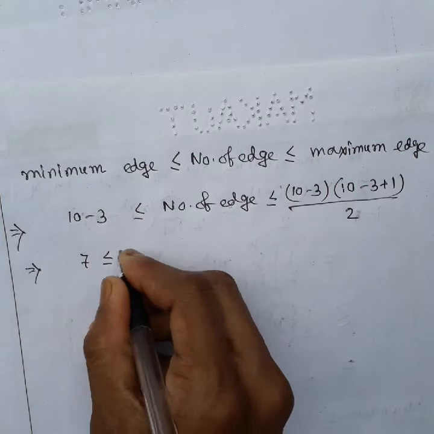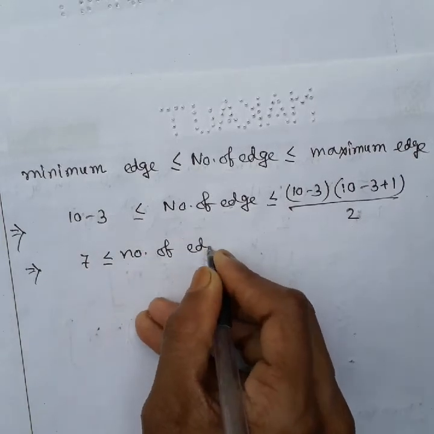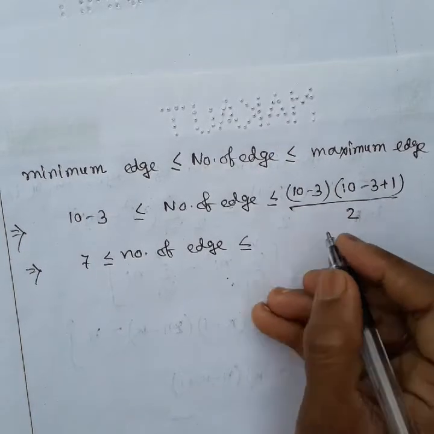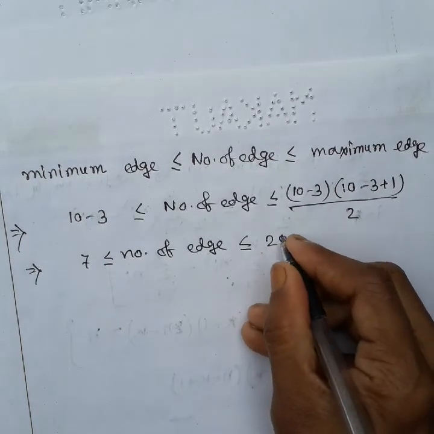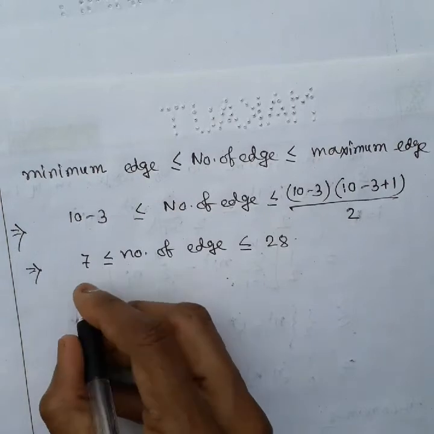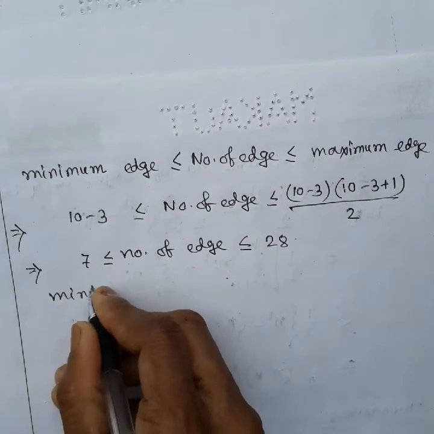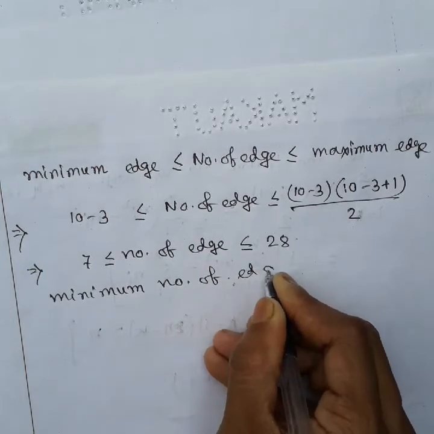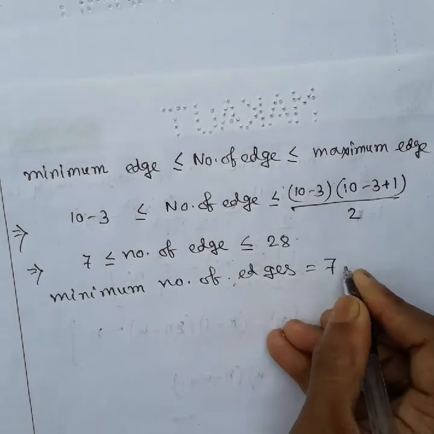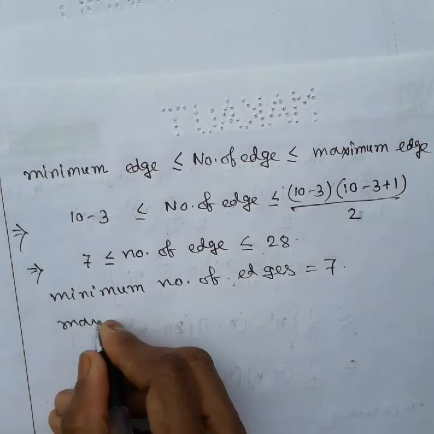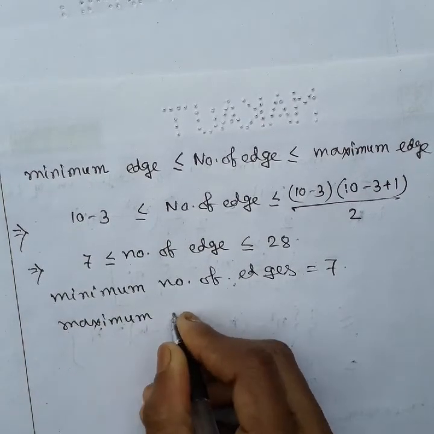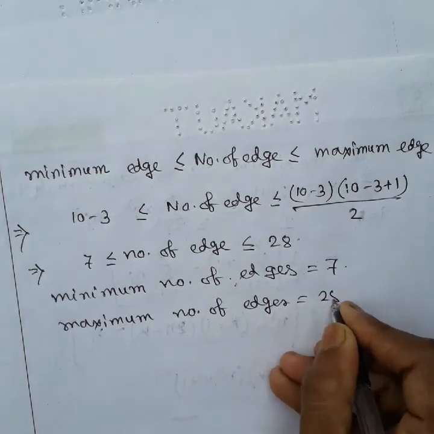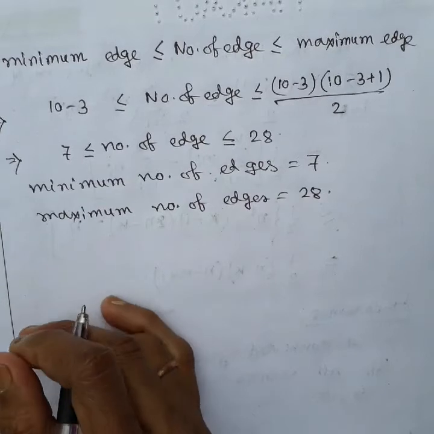That means 7 is less than or equal to number of edges is less than or equal to 7 into 8 by 2, that means 28. So the minimum number of edges is 7 and maximum number of edges is 28 here.